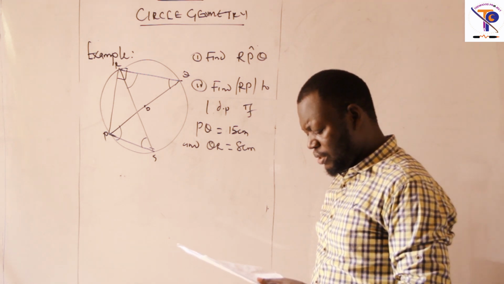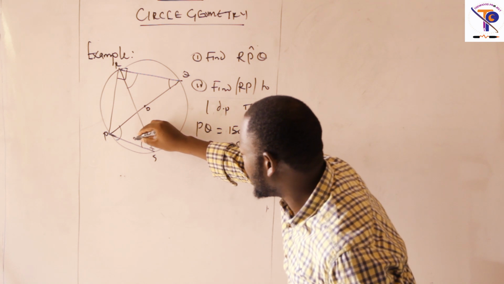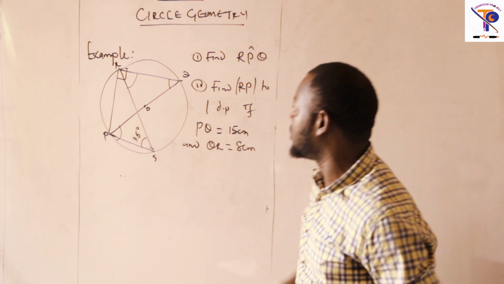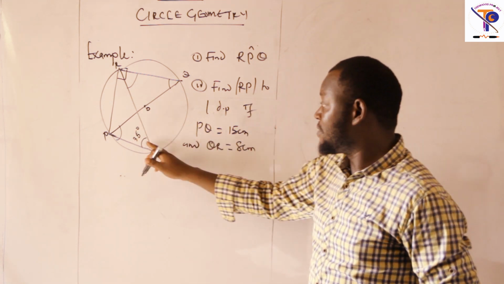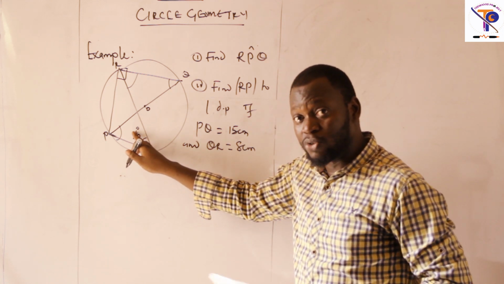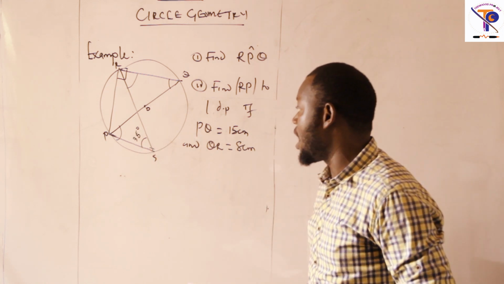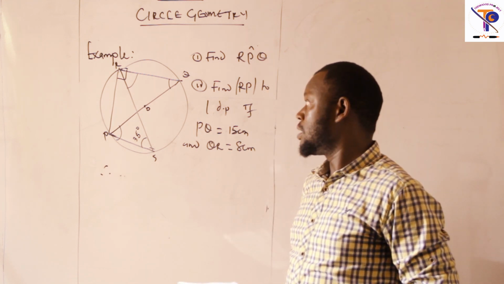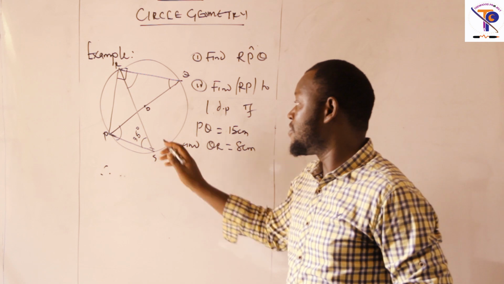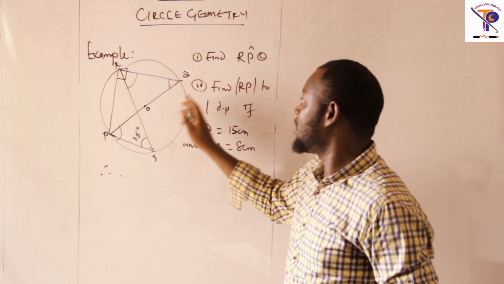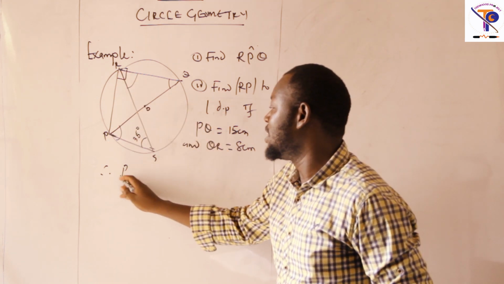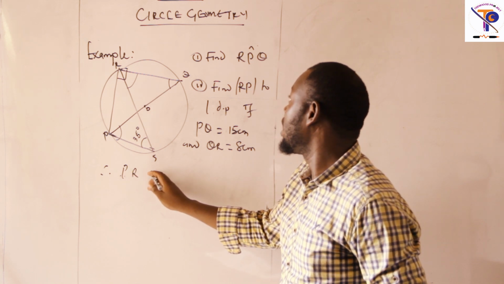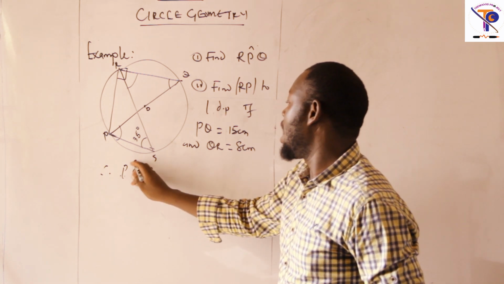The question, yes, is they put 35 degrees here. That's the question. So if 35 degrees is here according to the question that I didn't write there, first of all, I can have my R, that is PRQ.